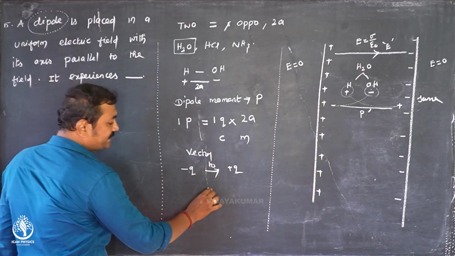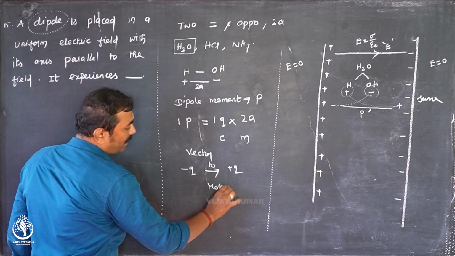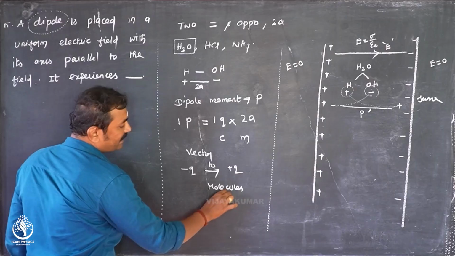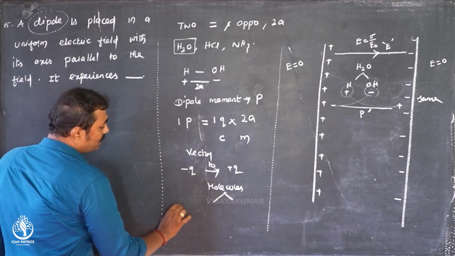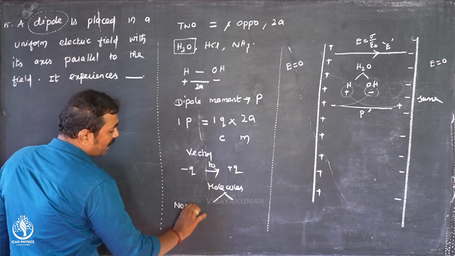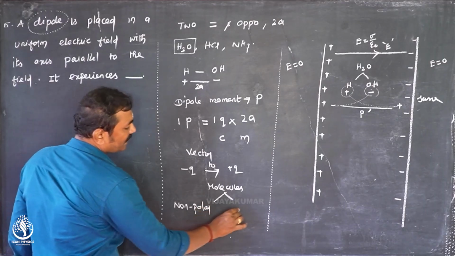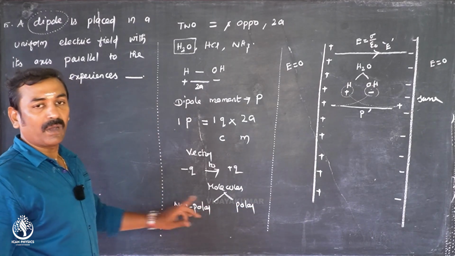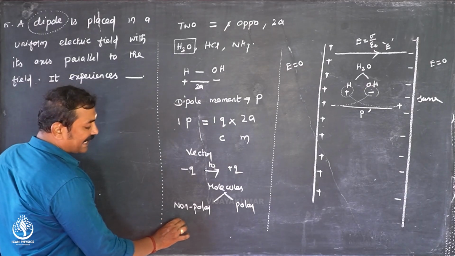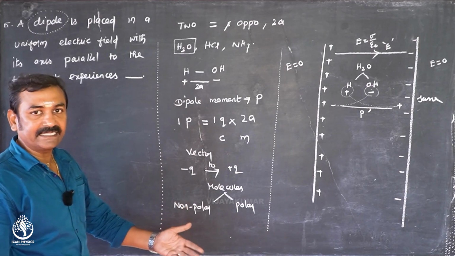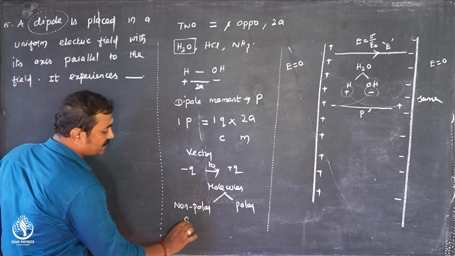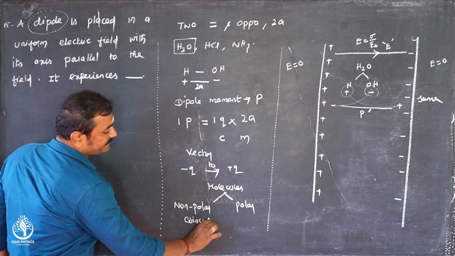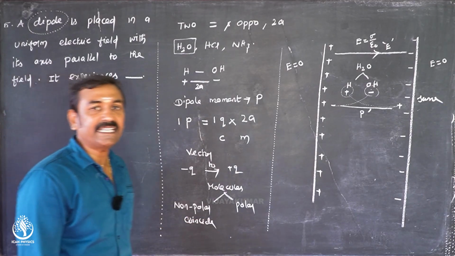So by using that we can classify the molecules into non-polar molecules and polar molecules. Non-polar molecule: the center of gravity of positive charge and the center of gravity of negative charge coincide with each other.